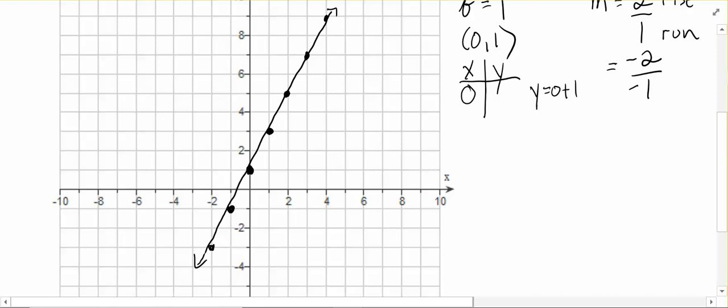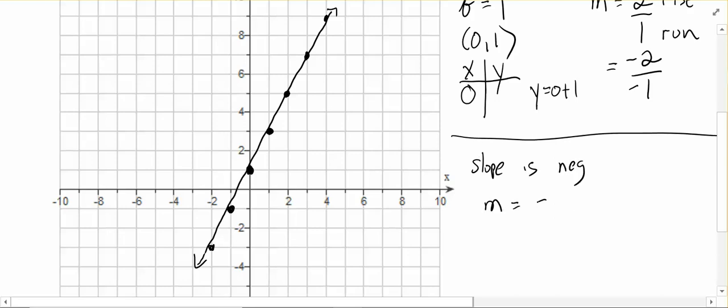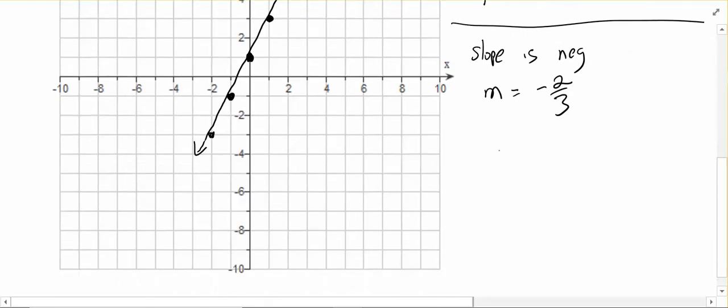Now I do want to remind you that if you have a negative slope, so let's go ahead and say our slope had been negative 2/3. Negative 2/3 can be thought of as either negative 2 over 3 or as positive 2 over negative 3.